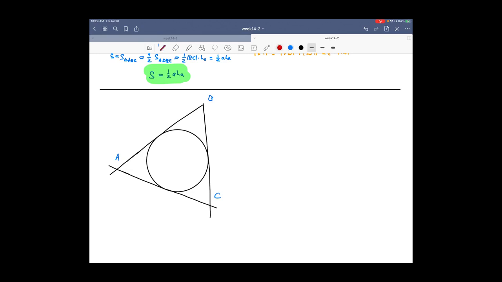So the center of the circle is some point O. So suppose the points at which the circle touches the sides of the triangle are A1, C1, and B1. So that the distance OA1, OB1, and OC1 is r.